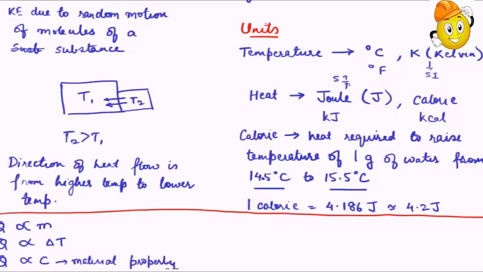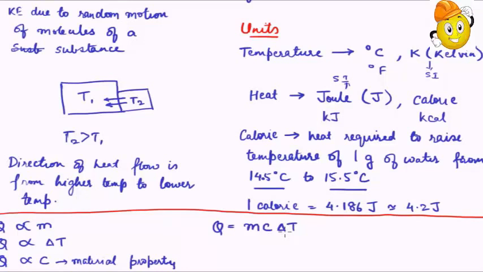So effectively the heat required to raise the temperature of a body of mass m by delta T will be given by m c delta T. That m is mass, c is the property of the body, and delta T is the rise in temperature.